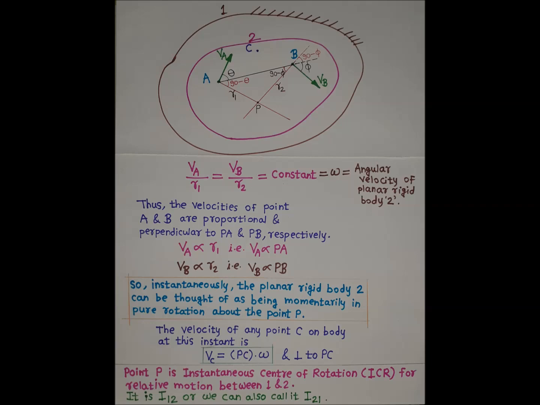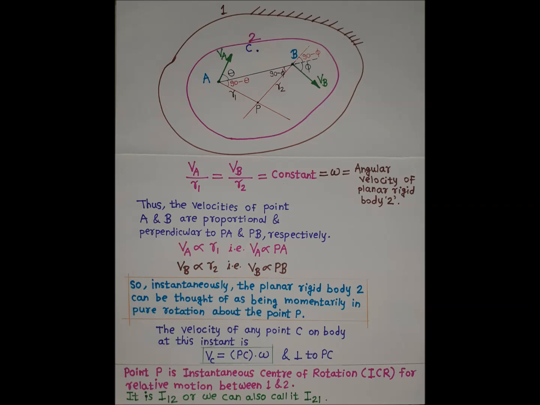I stands for ICR, that is Instantaneous Centre of Rotation, and 12 means it is ICR for relative motion between body 1 and 2, or we can even call it I21. But generally we will prefer notation I12, because in notation I12 numbers are in ascending order.